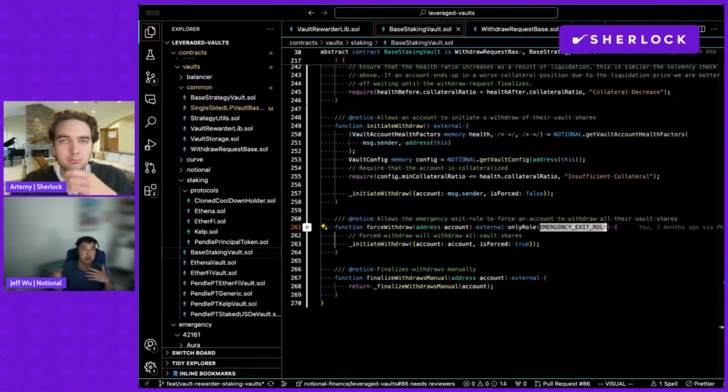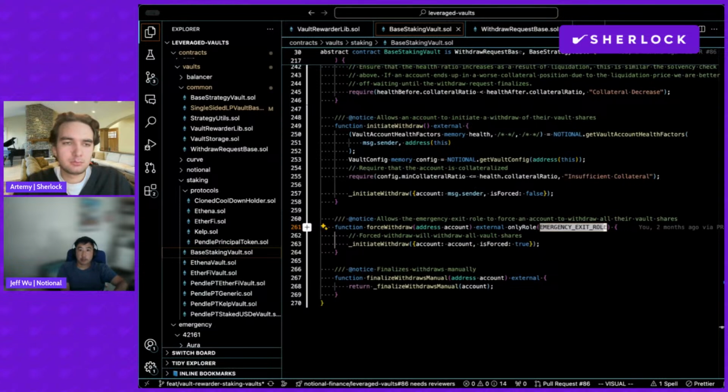There are all kinds of unknown variables that can occur from some sort of depegging event, some sort of smart contract issue upstream, and a lot of these things are not really possible to validate on chain. But we deem it necessary as a consequence of these vaults. I think the main thing to check here is that initiating a forced withdrawal does not result in a loss of funds for the account, right? They may stop earning yield, but they're going to be frozen in time and pushed out of the vault in a graceful manner.